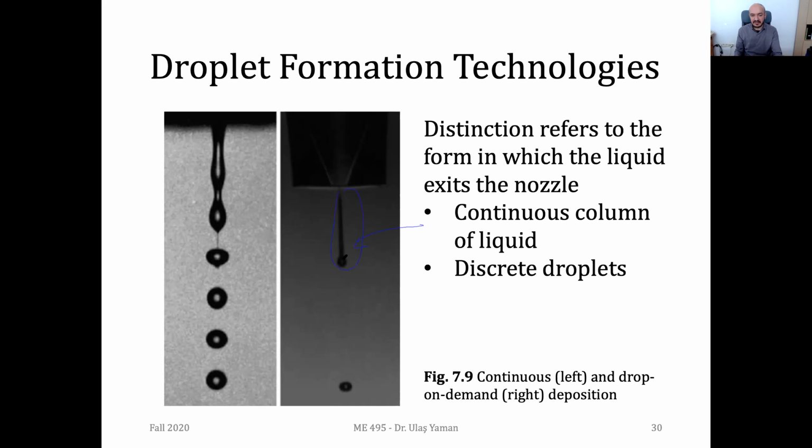Once the weight of this drop is higher, we will have the droplet generated. Or you may have simply discrete droplets generated inside our system. But in that case, you need to be careful about controlling these drops.